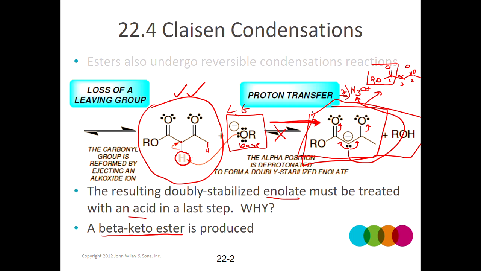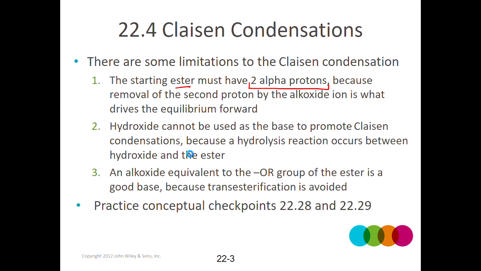So this is a key point. Picking off a remaining proton is what drives this process forward, and so we have to have 2 total protons or more. I should say it must have at least 2 protons. That way, the second proton can be picked off to push that equilibrium forward.